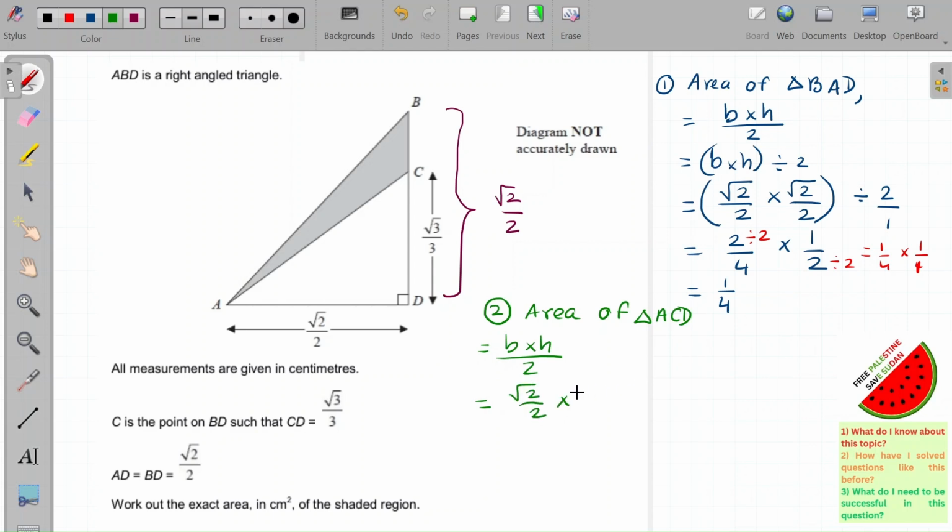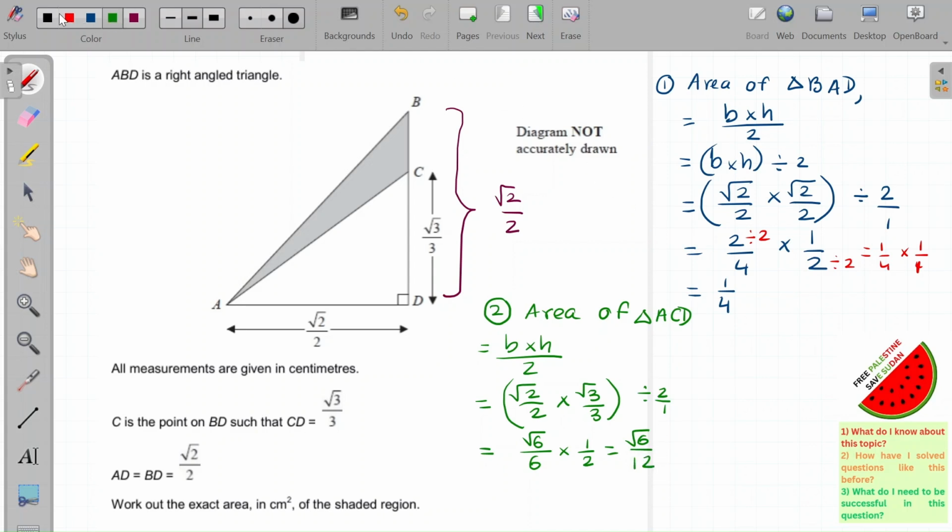The height this time will be root 3 over 3. I'm going to divide this by 2. So this will be root 6 over 6 multiplied by 1 over 2, which is root 6 over 12.